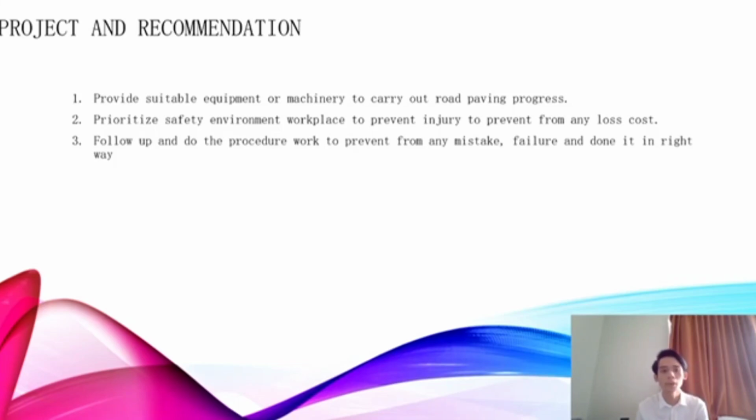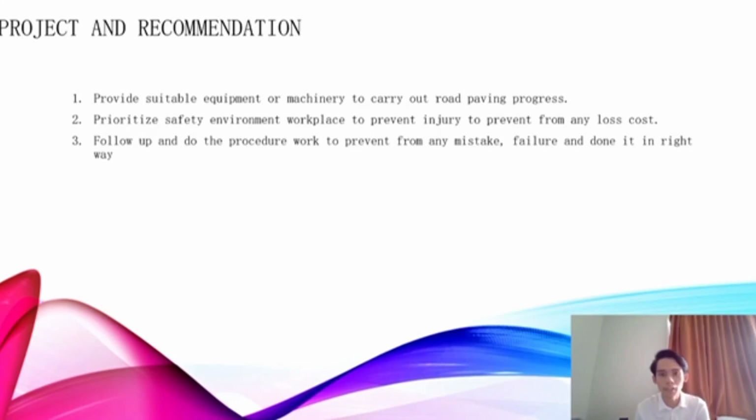For the first one, we need to provide suitable equipment or machinery to carry out the road paving progress. It will make our progress easier and not take much time to finish. For the second one, prioritize a safe workplace environment. It is to prevent any injury from any loss cause.